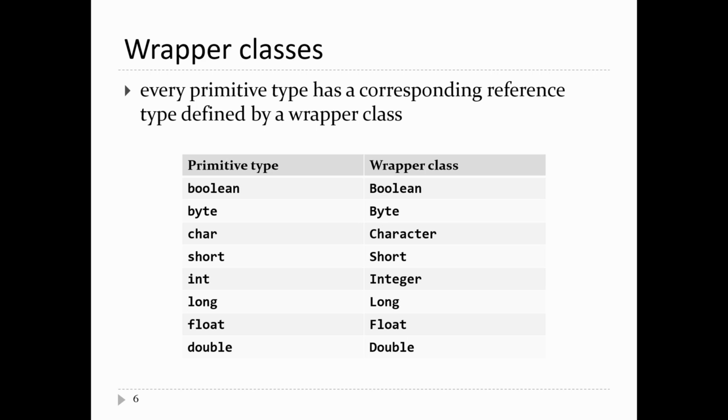The solution was that for every primitive type, there is a corresponding wrapper type in Java. If you ever see the term wrapper class or wrapper type in Java, typically it means the class that corresponds to the primitive type. So boolean, true, false, has a corresponding wrapper class called Boolean. Int has a corresponding wrapper class called Integer.